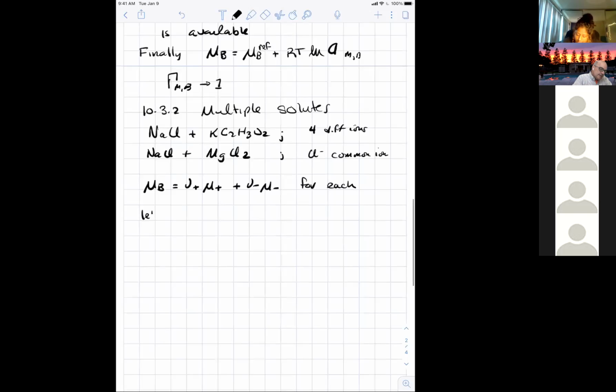If we let B equal sodium chloride and C equal magnesium chloride, then we have something like this. We have the additivity rule, which gives us again, the weighted chemical potentials. In this case, we have 3.